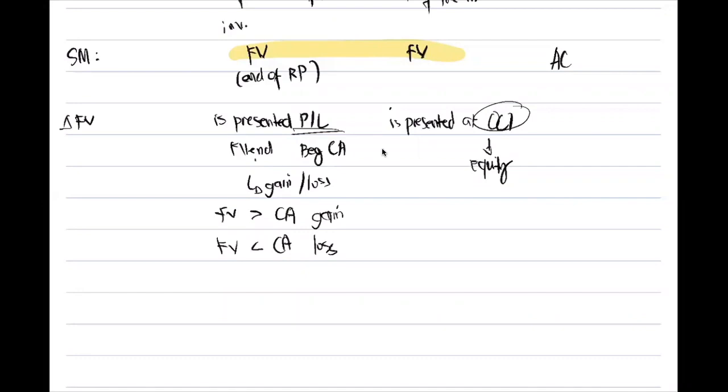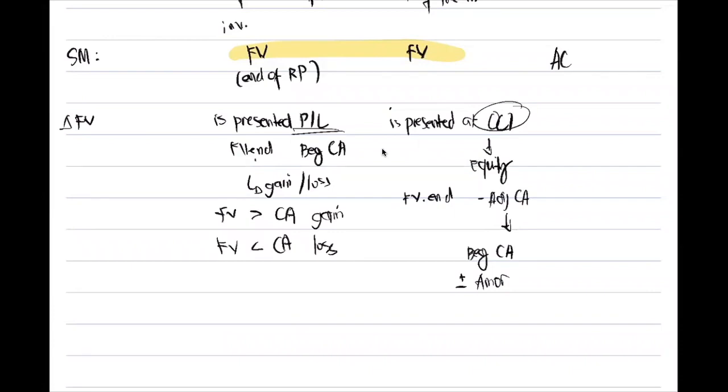So how do we compute for your gain or loss here? We have your fair value end less, not your beginning, less your adjusted carrying amount. So what is this adjusted carrying amount? That is equal to your beginning carrying amount plus or minus your amortization. So remember how to compute your amortization again?